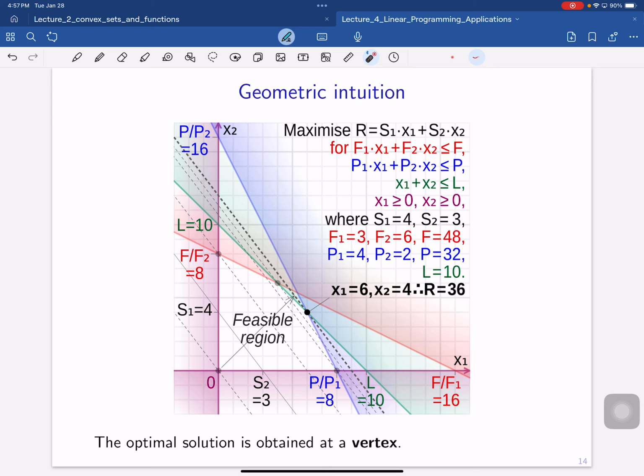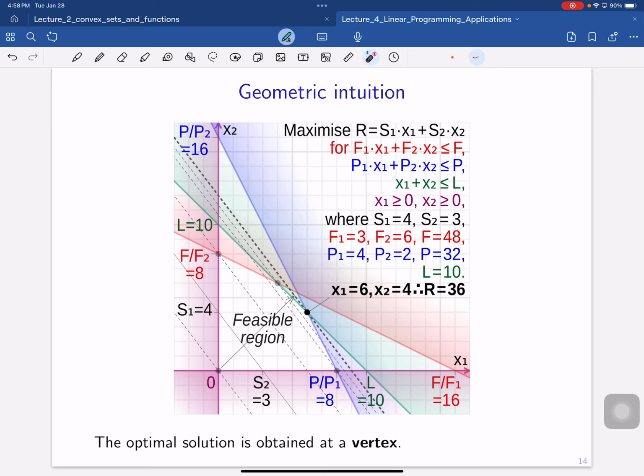All right, so here the x-axis is x1, the y-axis is x2, right? Now we know that the feasible region must be in the first orthant, because x1 and x2 are non-negative. So what about the 3 resource constraints, right? Here we are denoting the 3 constraints in 3 different colors, right?